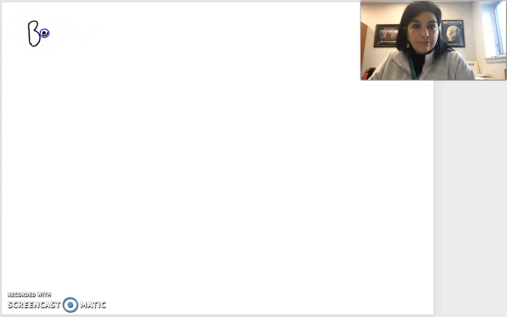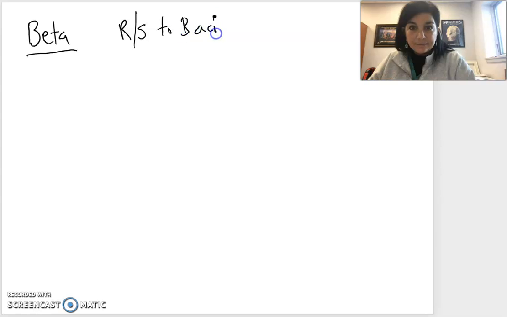So if you have a beta hemolytic strep, for beta hemolysis, what you need to do is look at resistance or sensitivity to bacitracin. This is an additional test. We put an antibiotic filter, bacitracin.